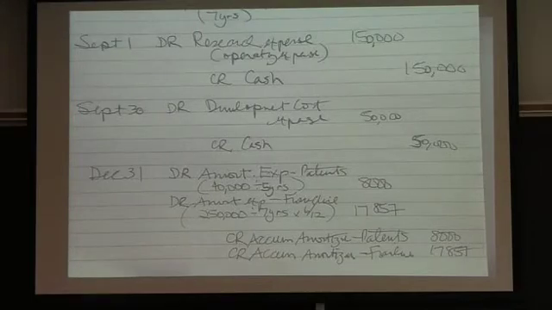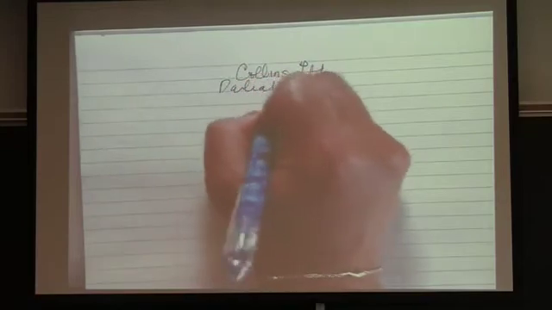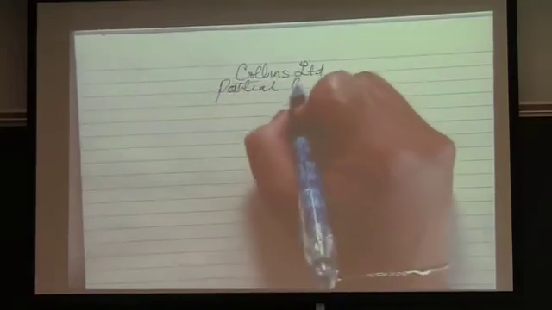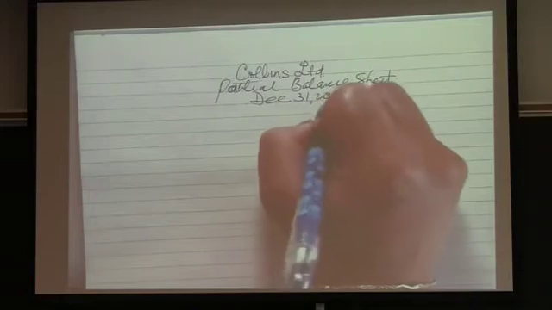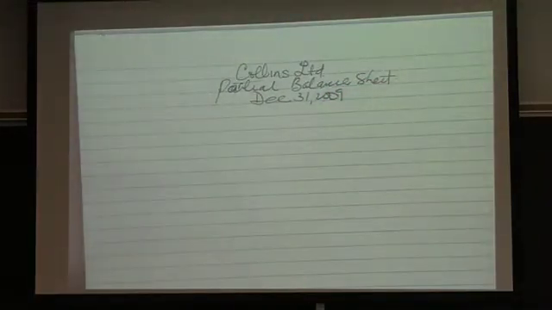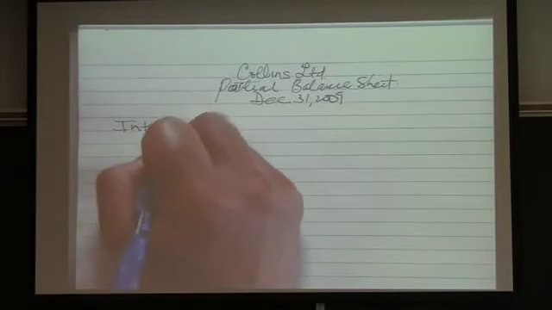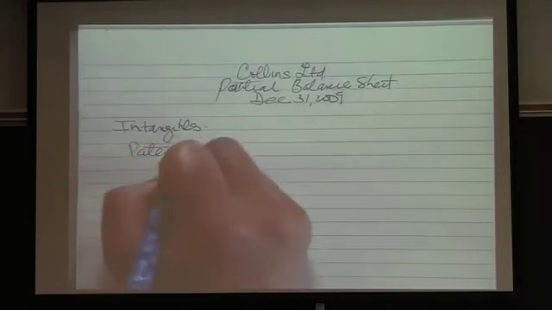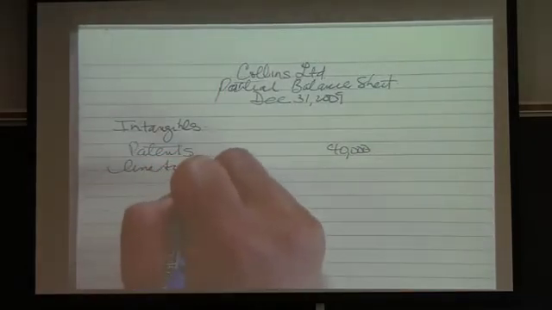Now, how do we present this on the balance sheet? Well, normally, under long-term asset, so Collins Limited, partial balance sheet, as at December 31st, 2009. Under long-term asset or long-lived asset, we have a section called intangibles. First thing we're going to list is patents, and that was $40,000 less accumulated amortization.